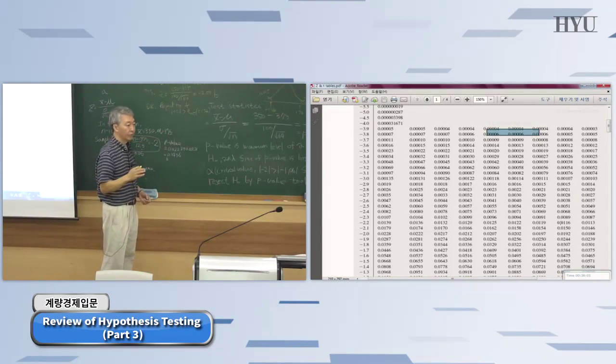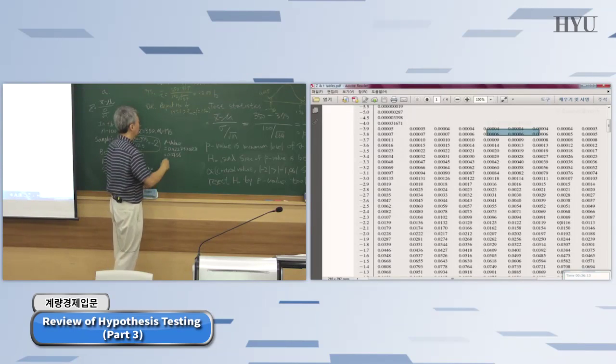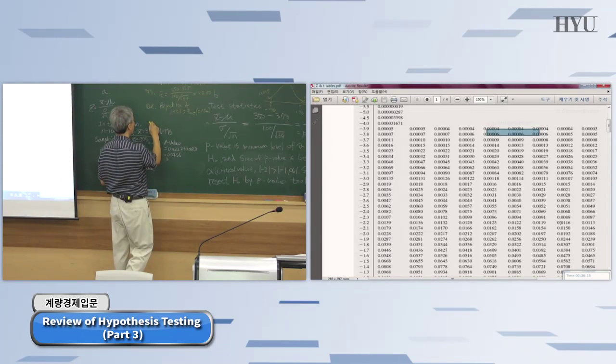Then you covered both sides. Either the test statistic exceeds 1.96, or it is smaller than negative 1.96. All right, and then the next item is conclusion.